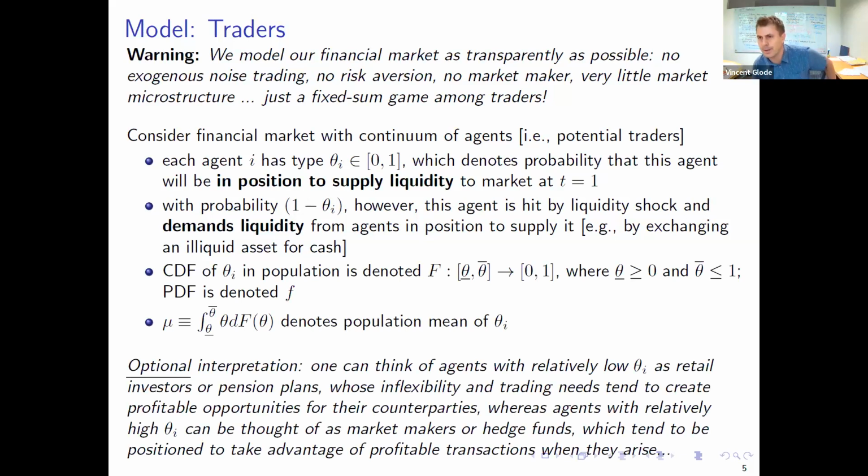So, an optional interpretation, and you don't need to use it if you don't want to, but you can think of agents with a high theta_i as hedge funds and market makers who tend to be positioned to take advantage of profitable transactions when they arise, whereas agents with a low theta_i are often on the other side of these trades. Traders who perhaps have inflexible trading needs tend to be the reason why these profitable opportunities are there in the first place.